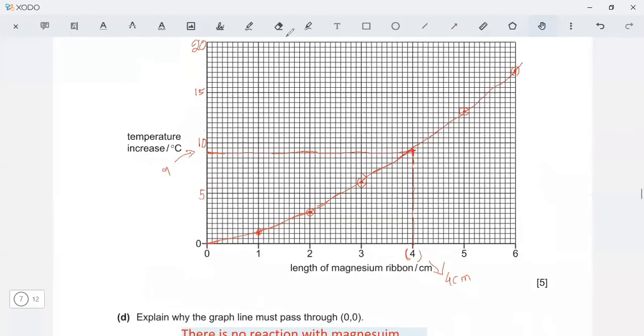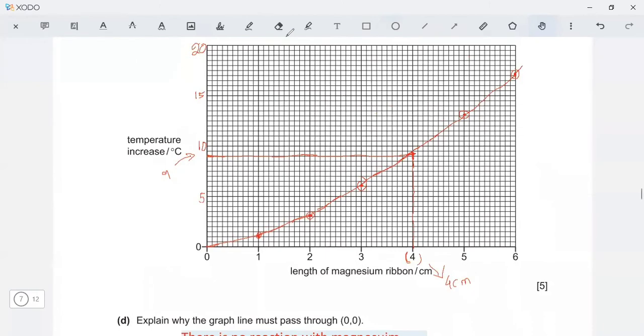As we came to know, the polystyrene cup prevents heat loss, so there is an increase of temperature. Obviously the main graph is here, this is number 1, for example, this is the main one. So above the main graph, you will be getting the new graph.